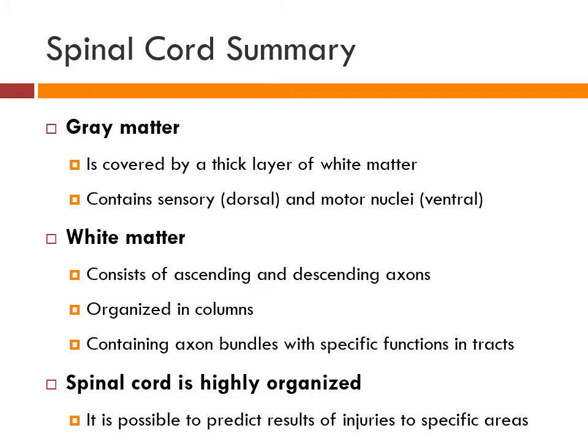Because the spinal cord is so highly organized, it's possible to predict the results of an injury to a specific area. When I do this in class, I usually split you into groups and give you a little case study to consider. I usually say two athletes were both injured.